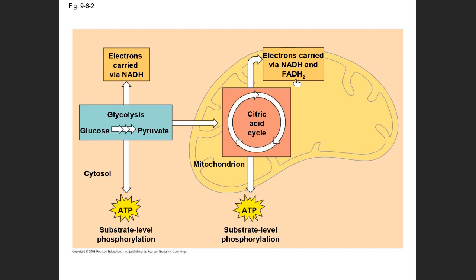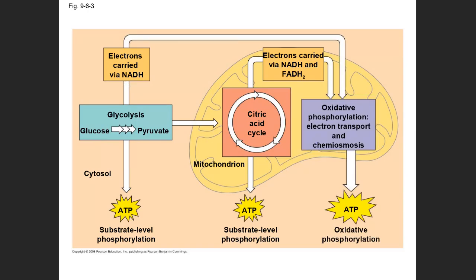So the cell's not getting much ATP until the very end. It gets a little bit from glycolysis and Krebs, but most of it comes with electron transport chain and oxidative phosphorylation.